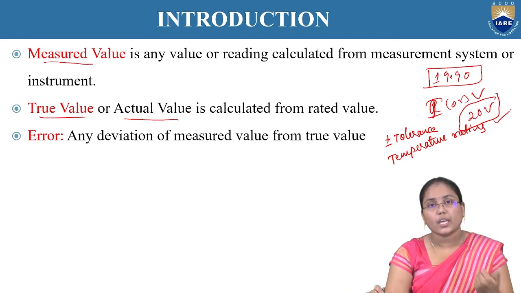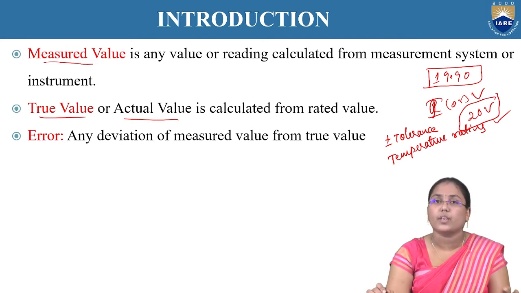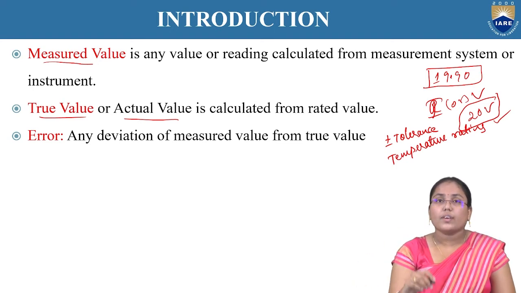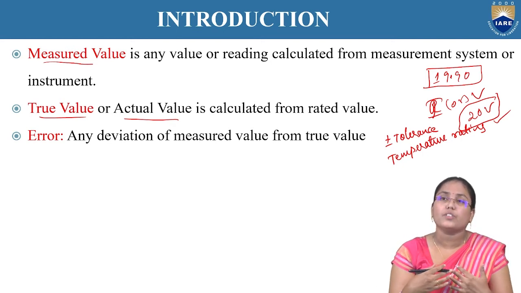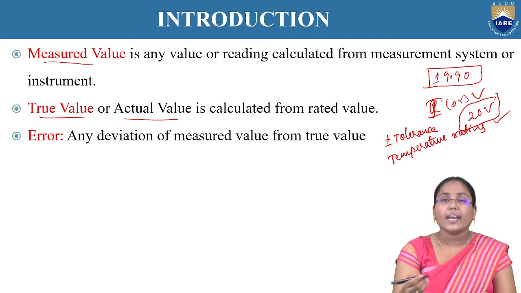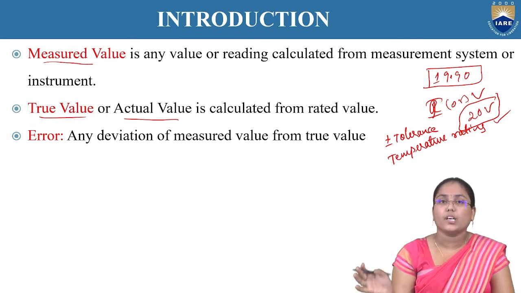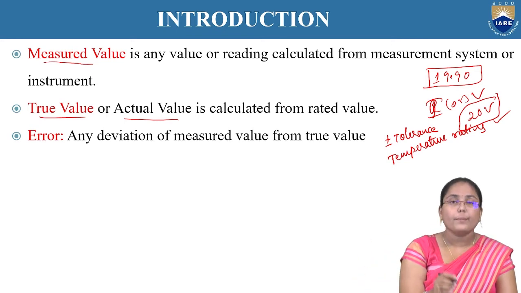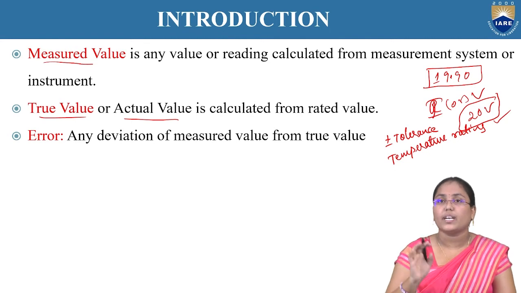But when I take the circuit with all the elements, using the same resistor value, same capacitor value, same type of transistors or FET transistors, then because of different reasons it might deviate from the theoretical value. That's why the practical value and theoretical value won't be the same. That is, the measured value and true value won't be the same.